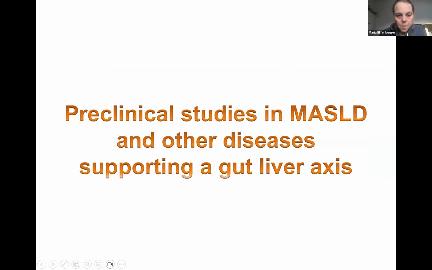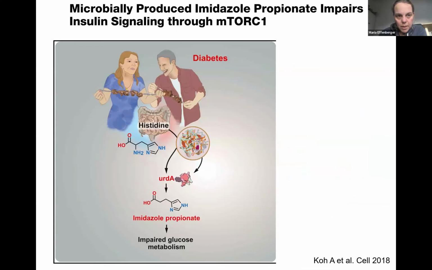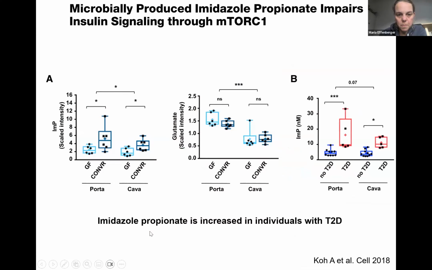And I would like to show you one more study, and then I think I'm finished. You can see it depends on what you are eating, and then you can produce, especially in patients with diabetes, a lot of histidine producing imidazole propionate, and this impairs glucose metabolism.